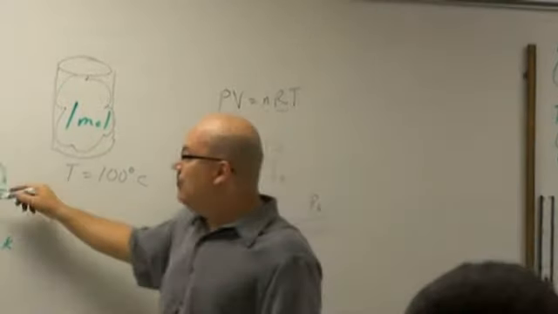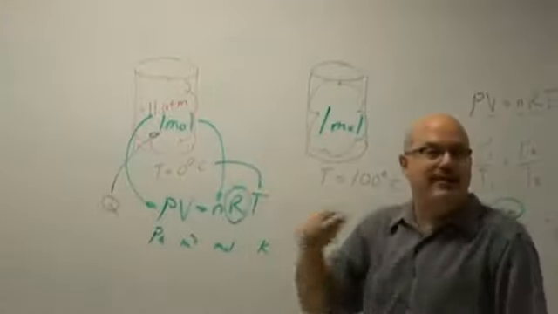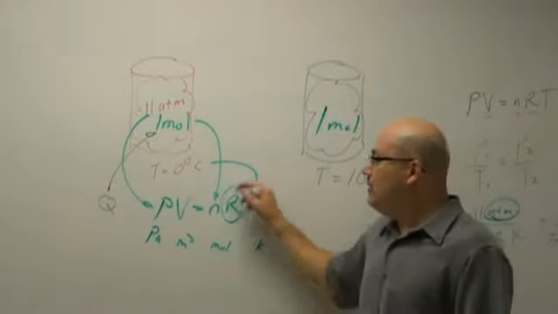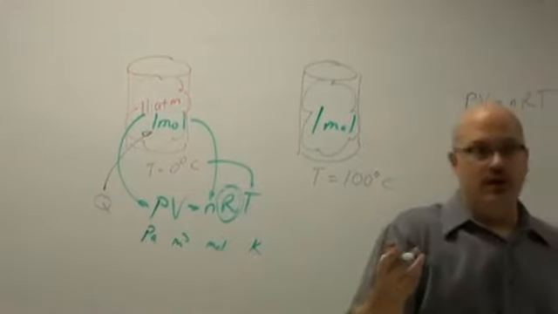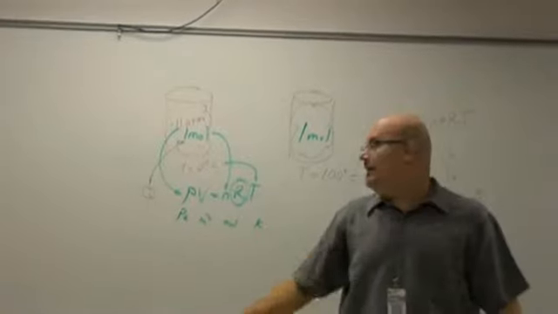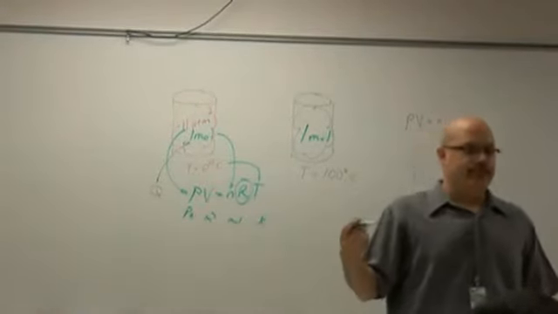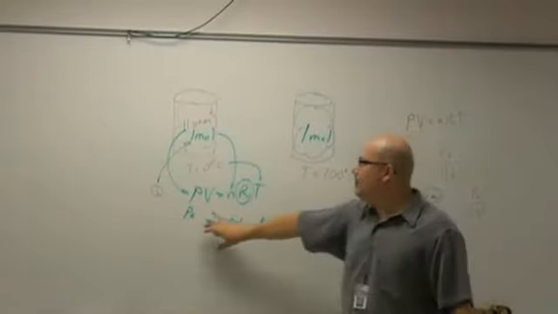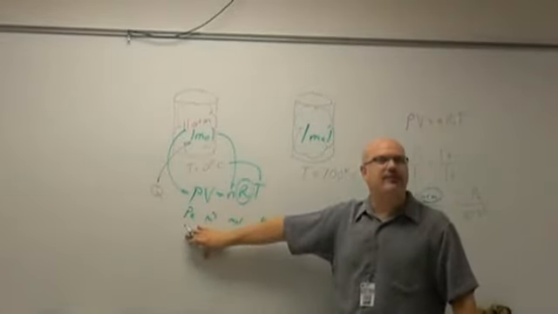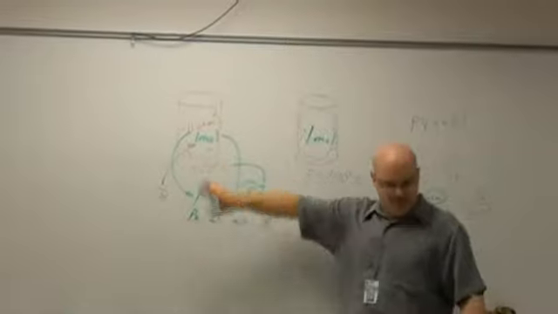But over here, I'm using this constant, and that's the thing that gets you in trouble. When you use this constant, 8.314 joules per mole Kelvin, you have to have these units. I don't really care what the answer is here. I just wanted you to realize that this is a single state problem.